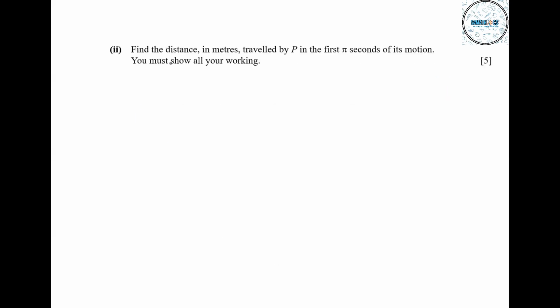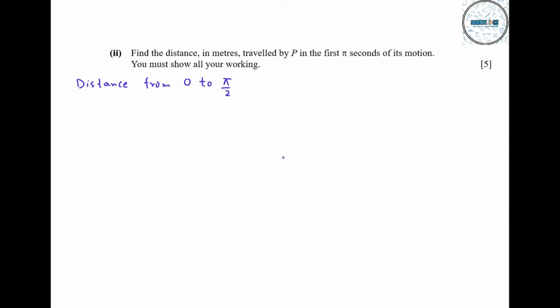Part 2. Find the distance in meters traveled by P in the first 5 seconds of its motion. You must show all your working. So first of all, we will find the distance from 0 to pi upon 2.